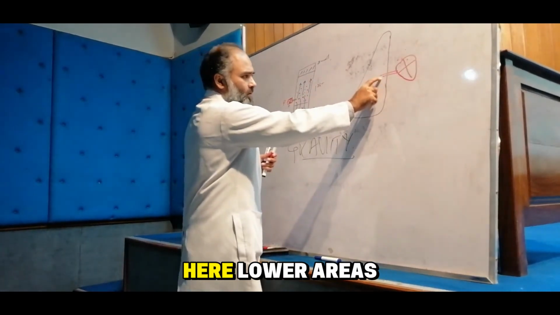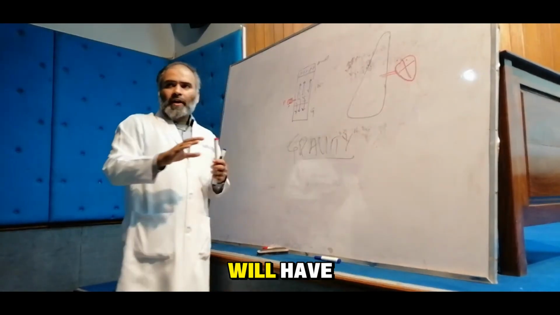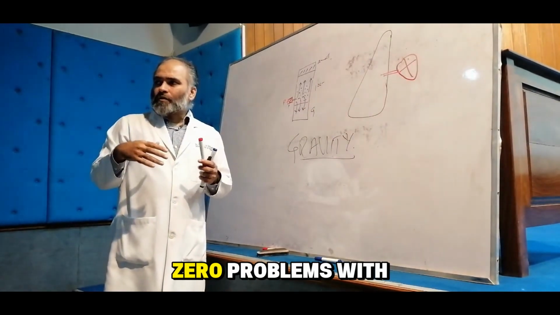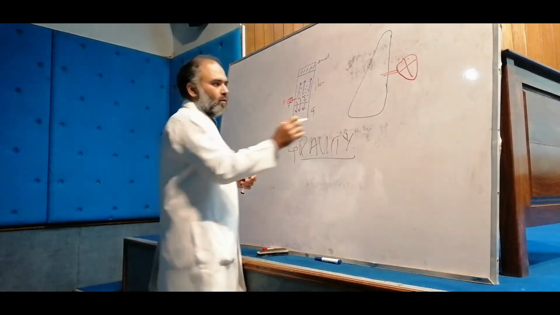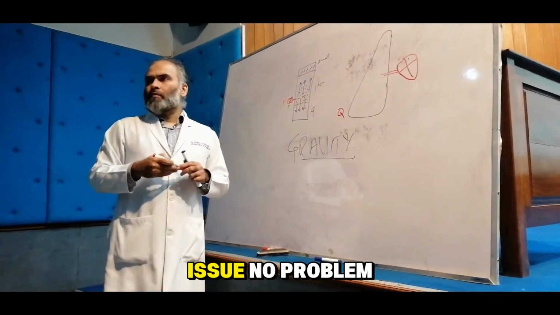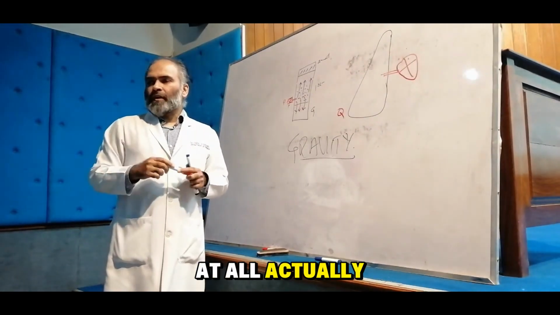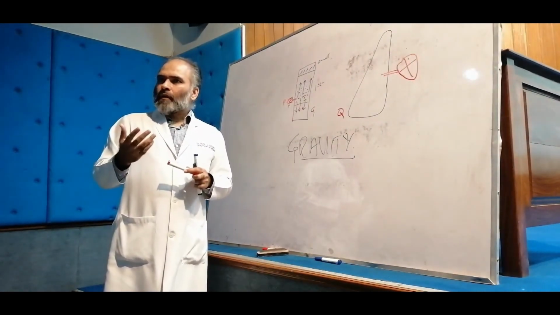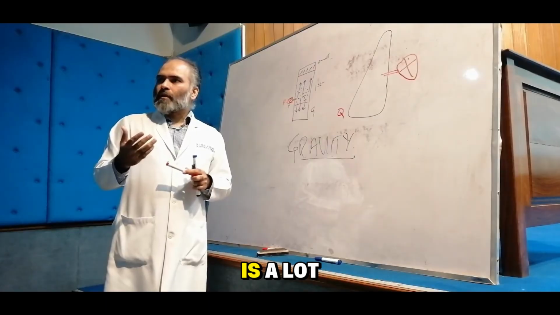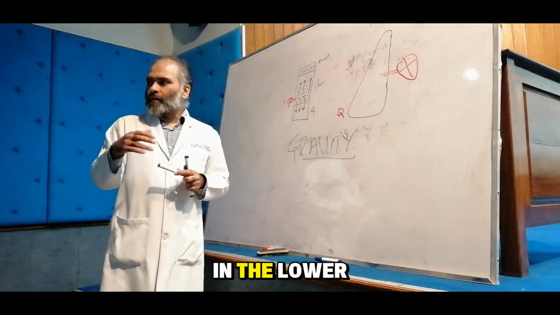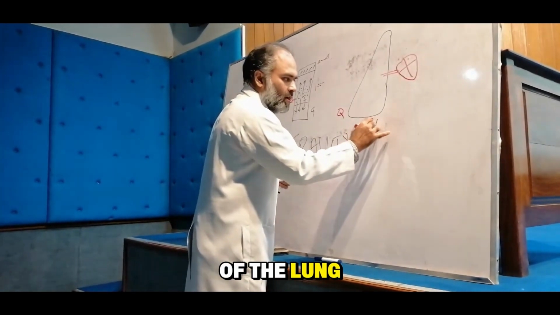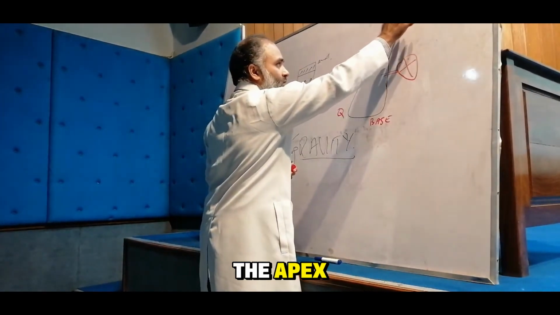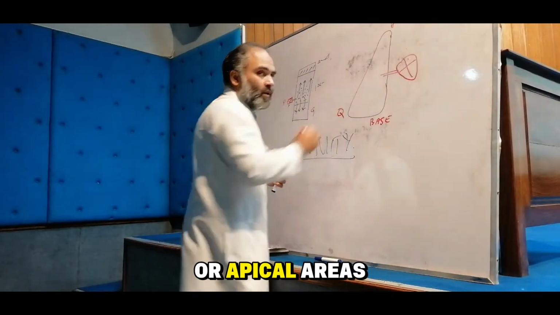The vessel enters here, and the lower areas of the lung will have very little or zero problems with blood flow. With Q, no big issue, no problem at all actually. In fact, blood flow is a lot in the lower areas of the lung, from now on called the base of the lung, as compared to the apex or apical areas.